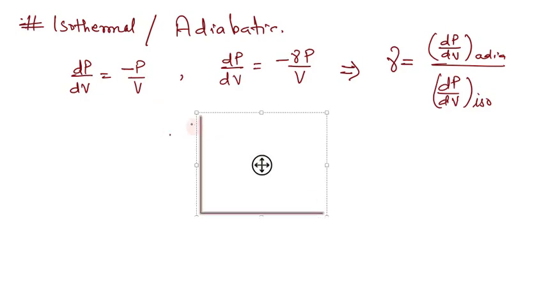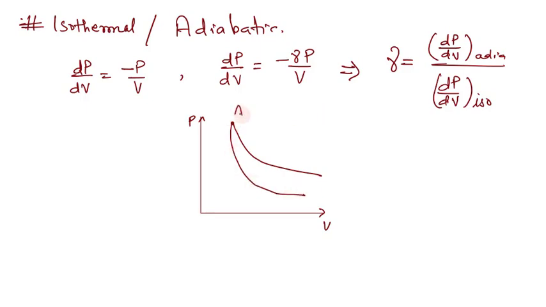So if we have a pressure versus volume relationship and two different slopes, let's see, this is one process, and let me make it a little bit smoother. So there are two processes, A to B and A to C, and you have to identify which one is which process.